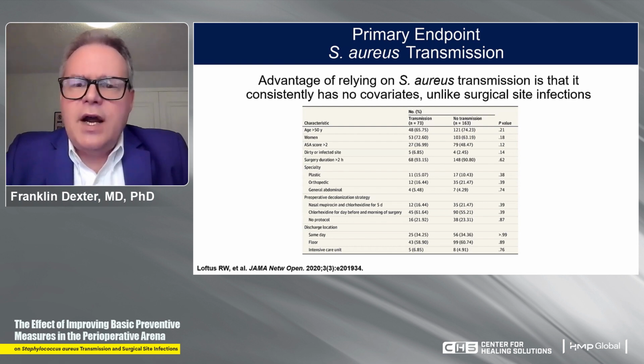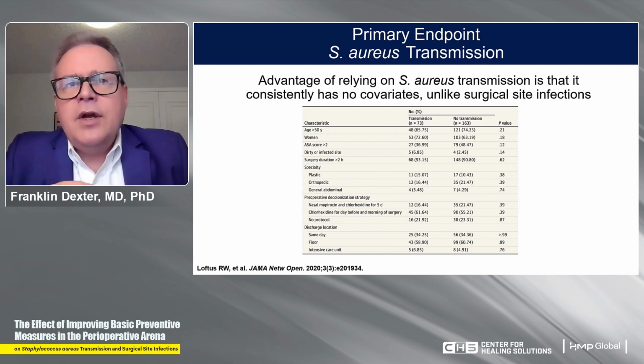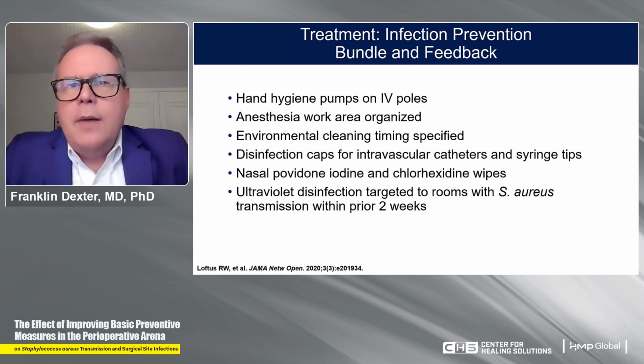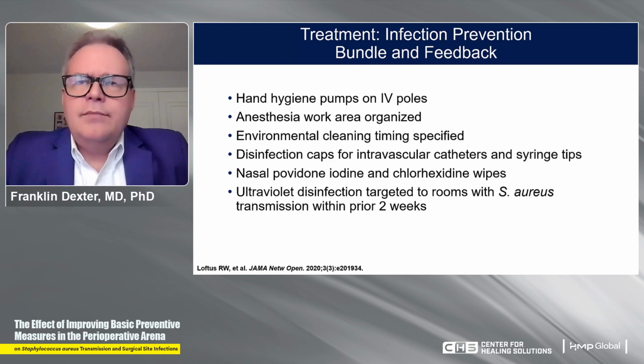These are not covariates for Staph aureus transmission. That's why Staphylococcus aureus transmission is such a good measure to assess the risk of surgical site infection. It's because it doesn't depend on these covariates. And so the sample sizes are much less. That's the advantage.